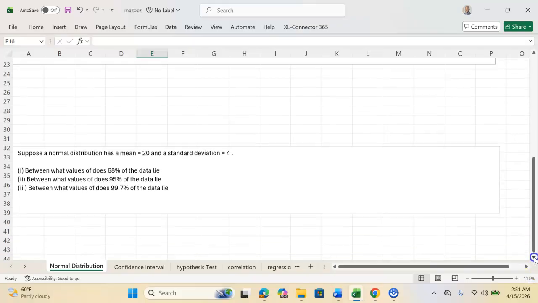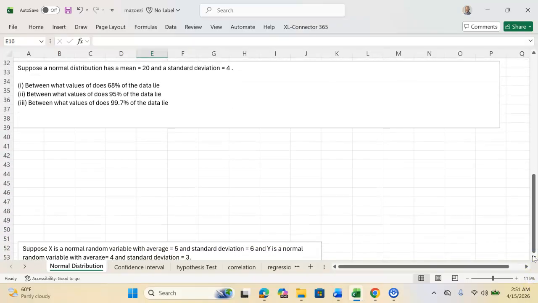Now let's work on this question, which says, suppose a normal distribution has a mean of 20 and a standard deviation of 4. Between what values of x does 68% of the data lie?